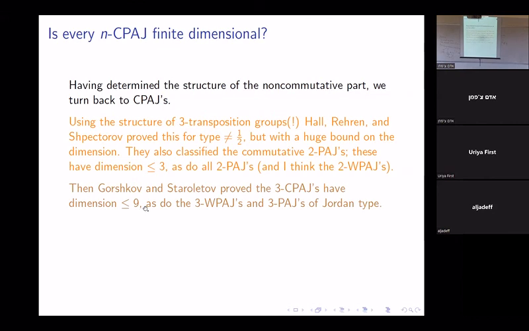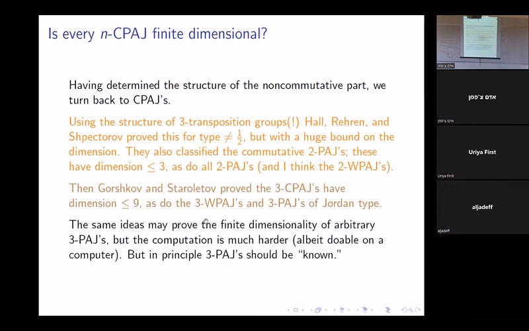So Koshkov and Starletov proved that the 3-generated algebras have dimension less than or equal to 9. And the basis is very simple: A, B, C, AB, AC, BC, ABC, BAC, CAB, if you put in the parentheses.